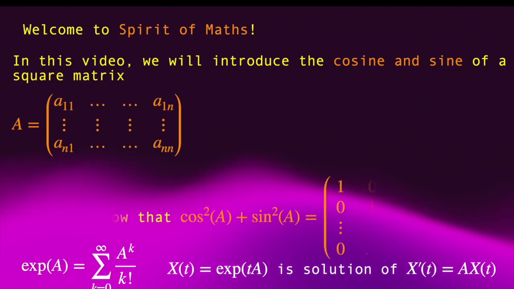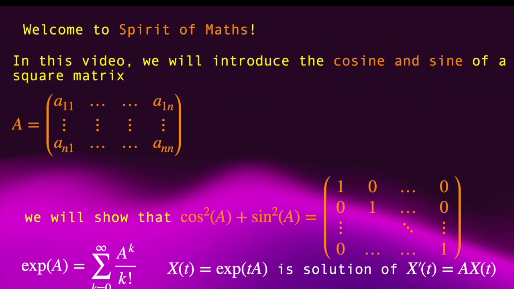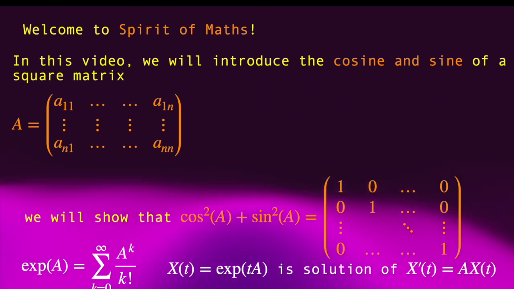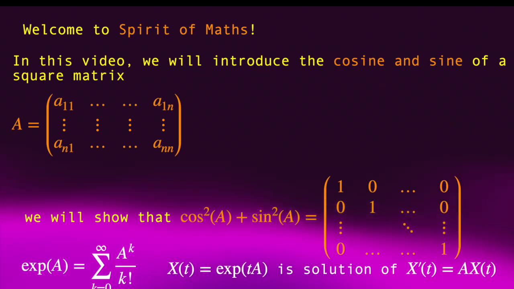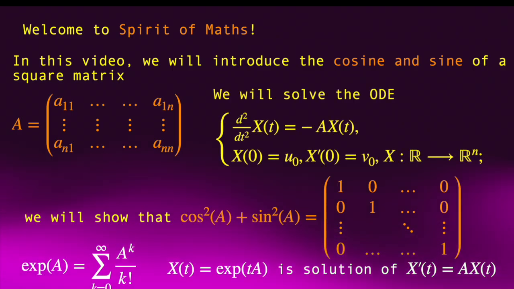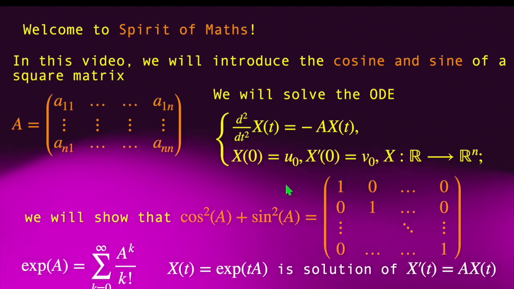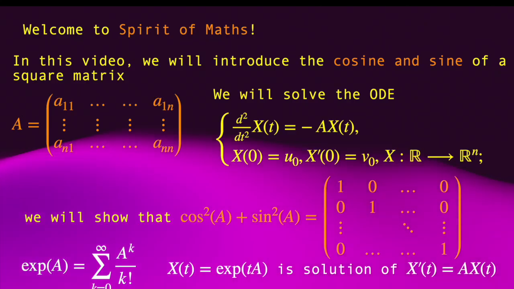We will show also that we still have the same identity as when A is a real number, and we will use the cosine and sine to give the solution of this ordinary differential equation. Okay, so let's go.